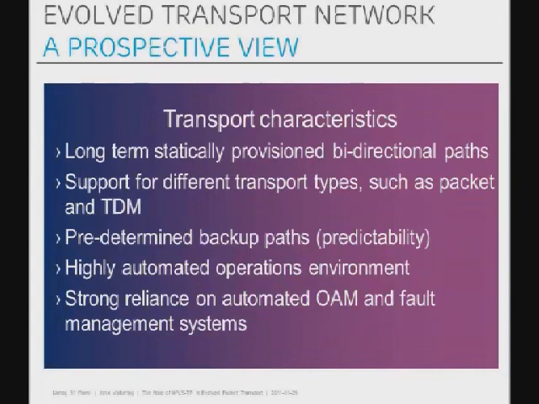One of the transport characteristics that we take from today's optical, SDH and SONET infrastructures is that they are statically provisioned and use bidirectional paths, right? Today's infrastructure is also carrying multiple different types of traffic, like TDM or packet traffic.